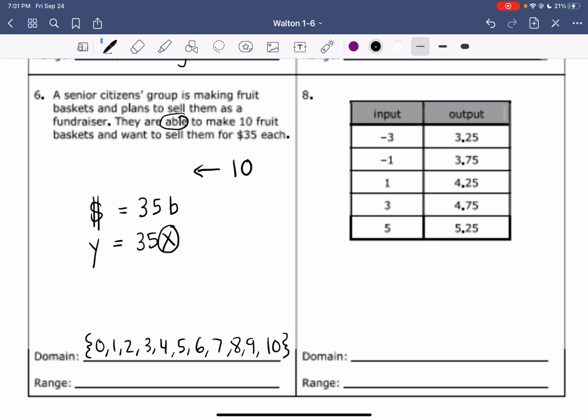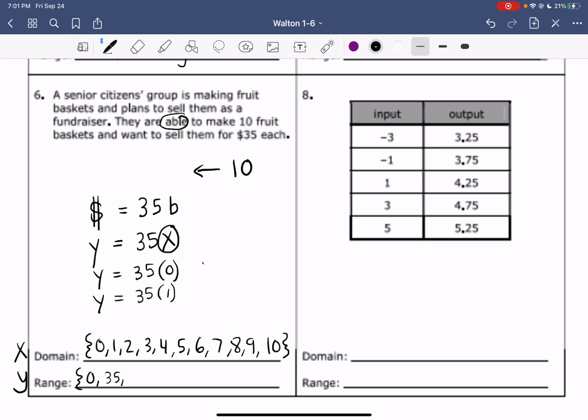And I realize that's a lot. And so what we're going to need to do is take our domain values, our x values, to figure out what our y values are. So we're going to take each of our values here, and we're going to substitute them in for x. So 35 times 0 would give us 0 for our first range value. And then when we plug in 35 times 1, we would get 35.